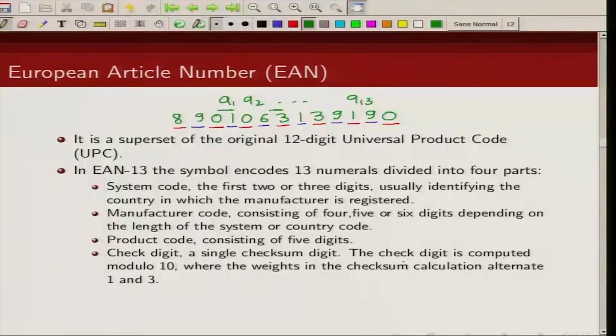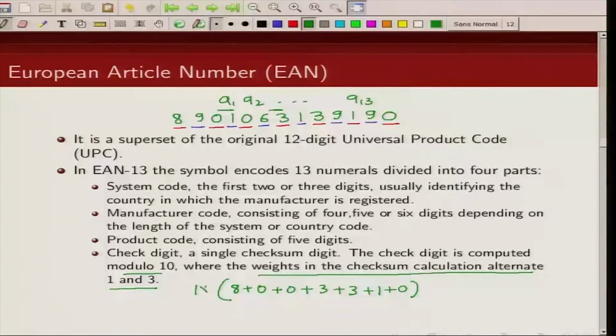So, again the check bit is computed modulo 10, where weights in the checksum calculation alternate between 1 and 3. So, what do I mean by that? Every odd bit I multiply by 1 and bits in the even location I multiply by 3. So, let me first add up the numbers in the odd location. So, that is 8 plus 0 plus 0 plus 3 plus 3 plus 1 plus 0.